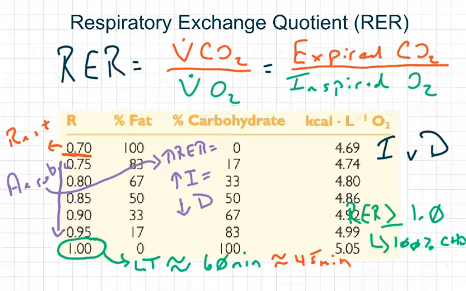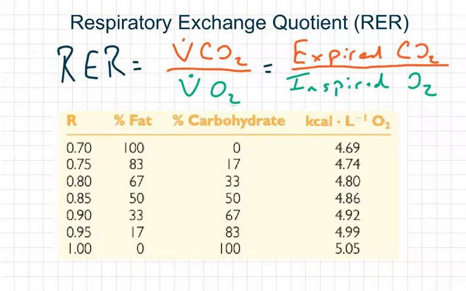But the intensity is getting very, very high. And this means our duration is starting to get very, very short. And so what you'll see is with the duration getting shorter and shorter with this higher and higher intensity, the athlete reaches fatigue much sooner.